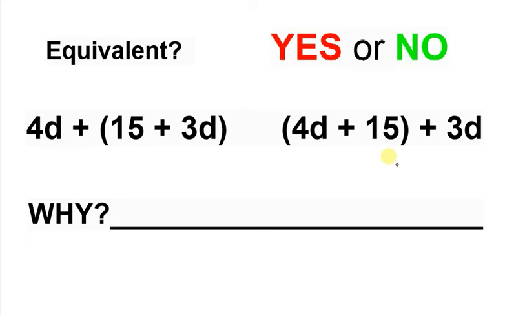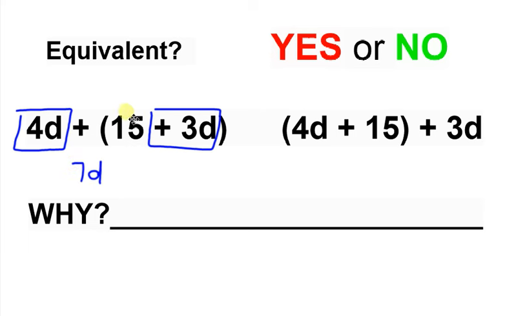Well, there are 2 ways you could do this. First off, you could simplify them as much as possible. When you have plus signs around your parentheses, you can sort of ignore the parentheses because we cannot combine any like terms within those. So here we have 4d and plus 3d. 4d + 3d is 7d. And here we have positive 15.